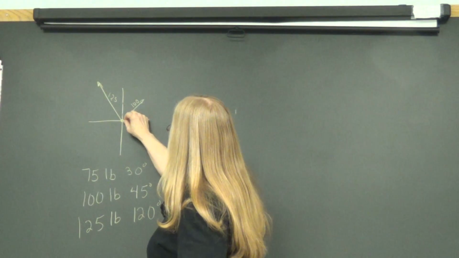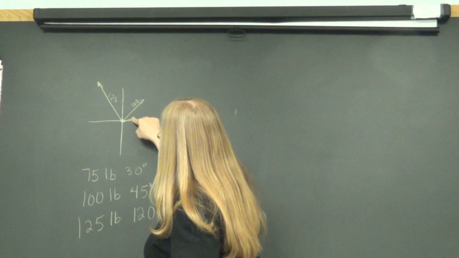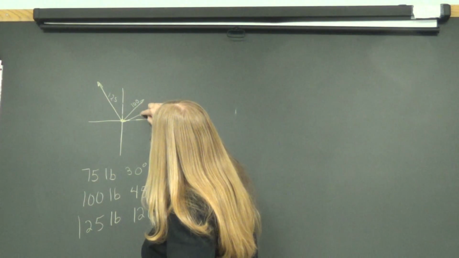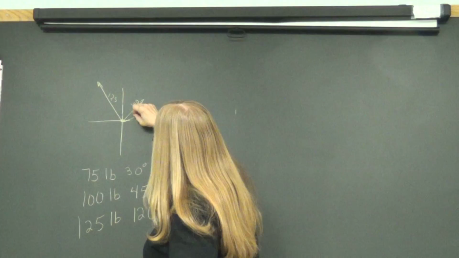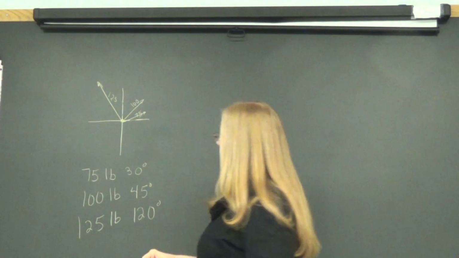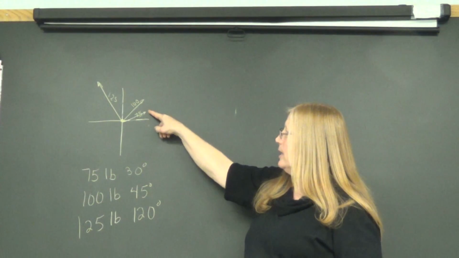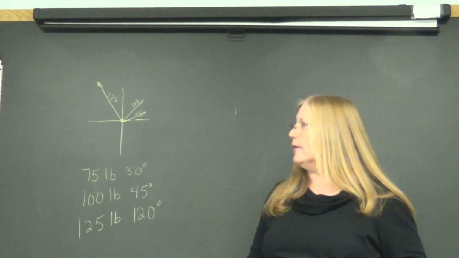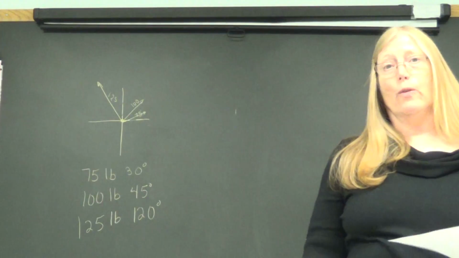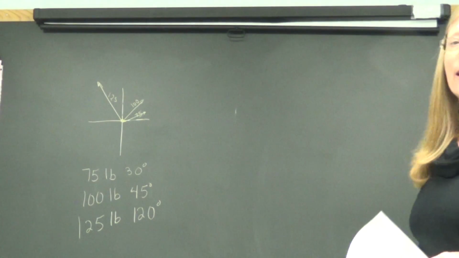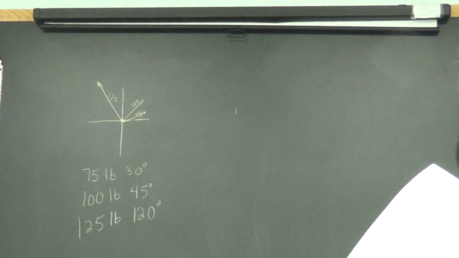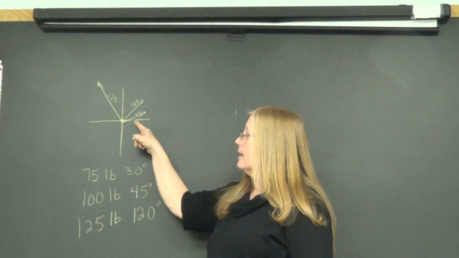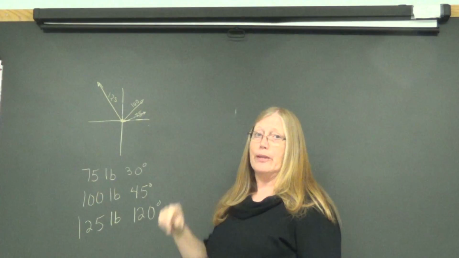And then there's an even shorter one representing the 75, and that one is right here. So 75 is at 30 degrees, 45 degrees for the 100-pound force, and 120 for the 125-pound force. So I'm going to take these three vectors and find what is the resultant force of all the three forces acting on that point.